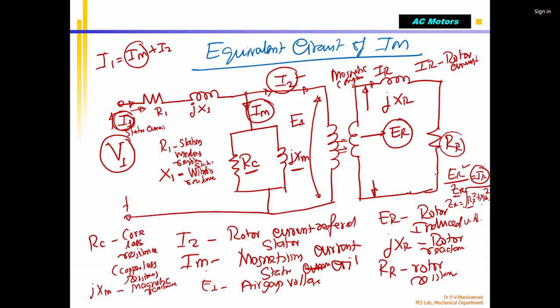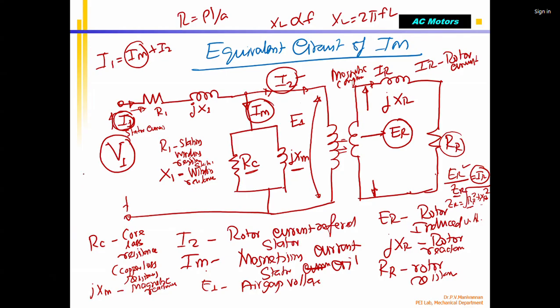Okay, sir. But one thing you have to know is that XL is proportional to F, the supply frequency. It is not constant. We know that XL equals 2 pi FL, correct? But R is constant, rho L by A. So if your supply frequency varies, the reactance will vary. Resistance never varies.